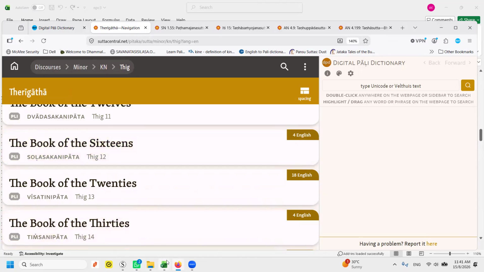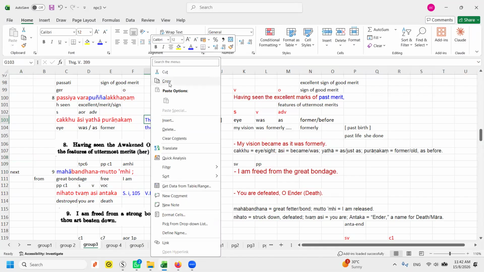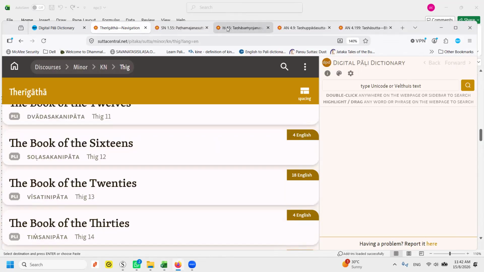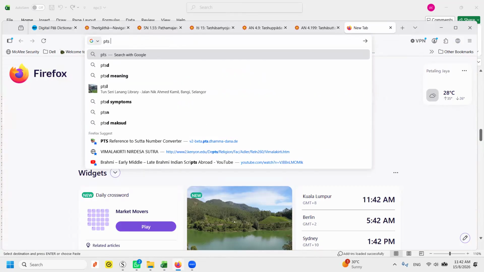What's what? Copy, copy 399, so 399. I think I have to do a Pali text conversion.